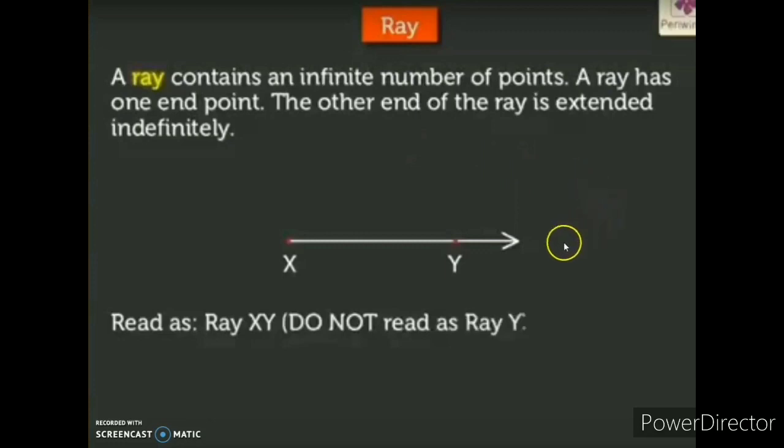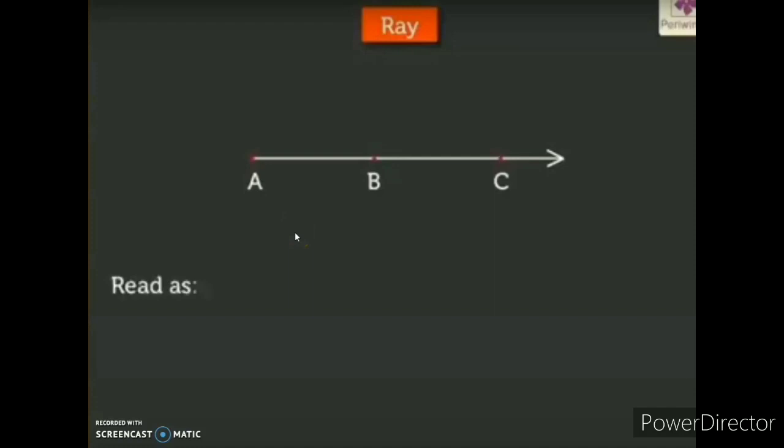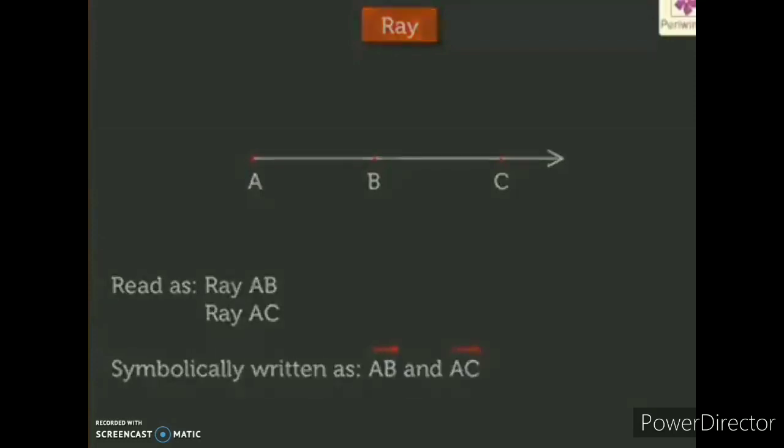So do not read ray XY as YX. It is wrong, children, because the ray is starting from X. So here we can also name the ray like ray AB, ray AC.